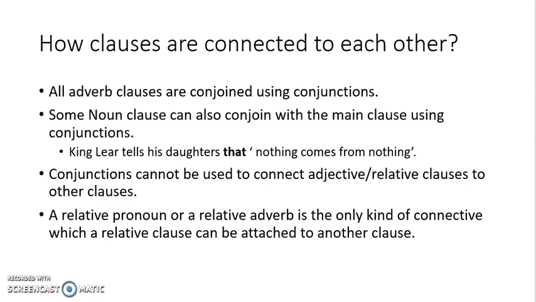Definitely adverb clauses. And there are some noun clauses which can also conjoin to the main clause using conjunctions. All noun clauses need not be connected using conjunctions, but in certain cases we can use a conjunction to connect a noun clause. Look into the example: King Lear tells his daughters that nothing comes from nothing.